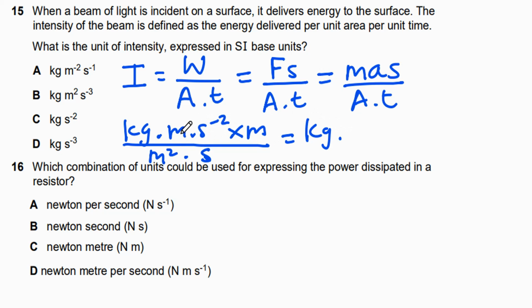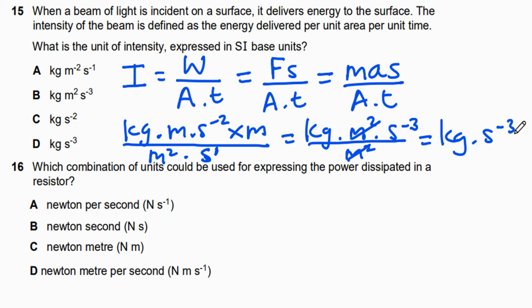In the numerator, m times m will be m squared. Then s to the negative 2 divided by s, we can subtract the powers. There's a 1 here which we don't write. So negative 2 minus 1 is negative 3. And this is all over m squared. These can cancel, and we're left with kilograms per second cubed. And of course then the answer here is going to be D.